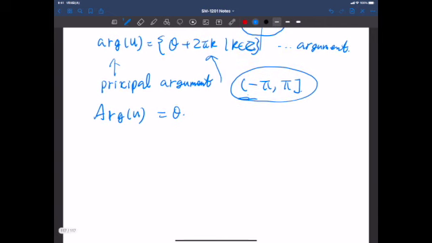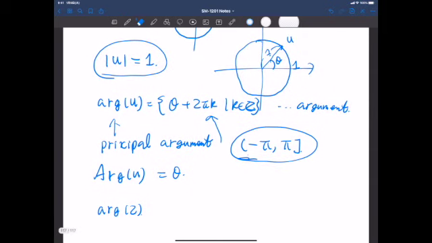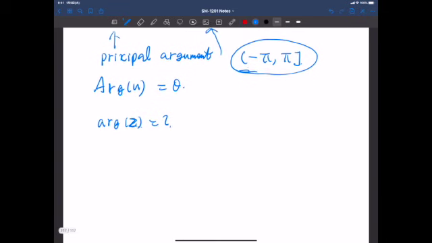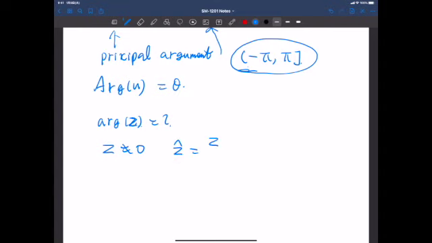Then we define the argument for general complex numbers. So the argument of z. In this case, this z may not be of unit modulus. So if z is not 0, then we can define z hat as z divided by the modulus of z.